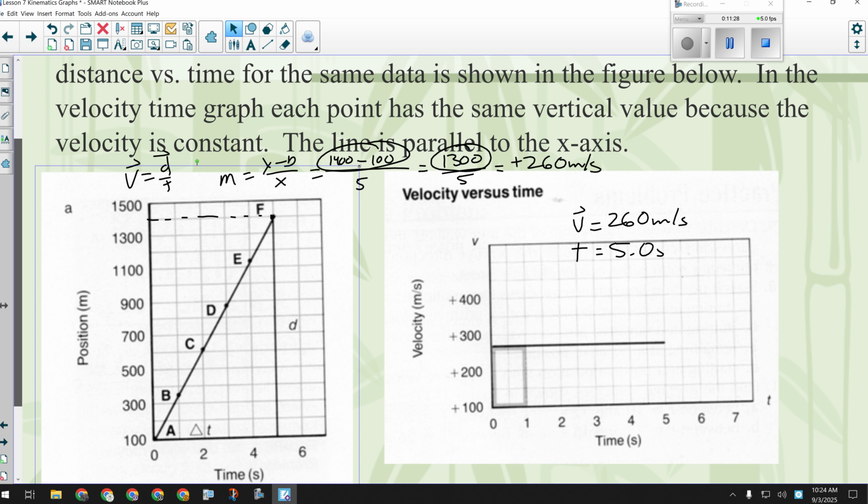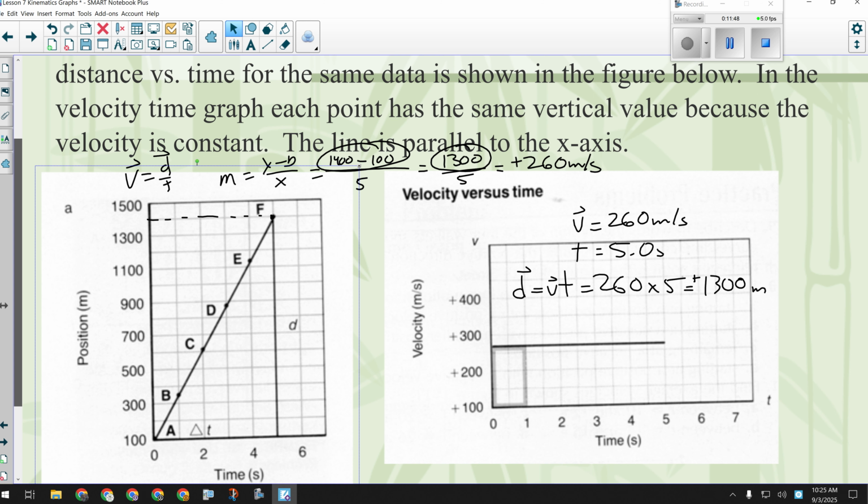Can I calculate its displacement? Lo and behold, it comes out to the same number as the other graph.